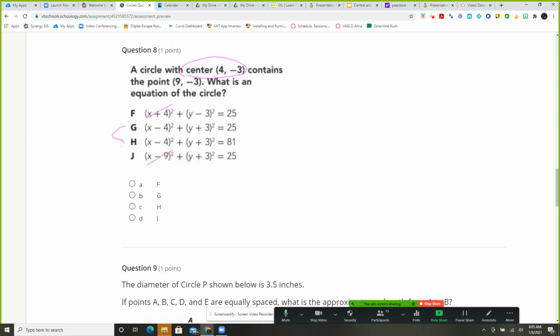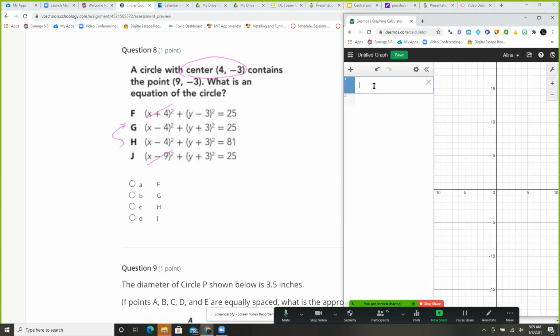So these are my only 2 choices, right? So if I open that Desmos back up again, and I type in those 2 answer choices exactly the way I see them, y plus 3, and then equals 25. Did I type that in right? -4 plus 3 and 25.